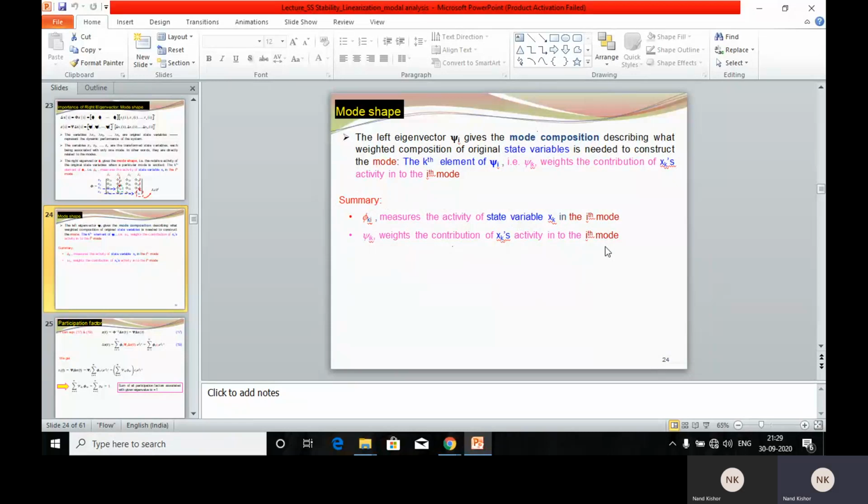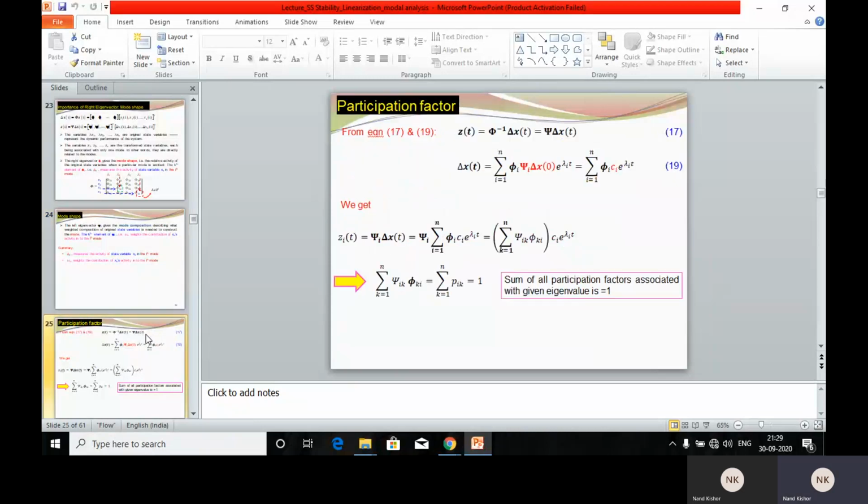Now, with this, we had discussed next the participation factor. One thing we must know is that this participation factor was obtained by the multiplication of the right eigenvector and the left eigenvector.